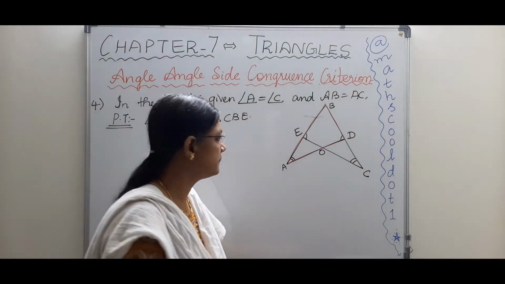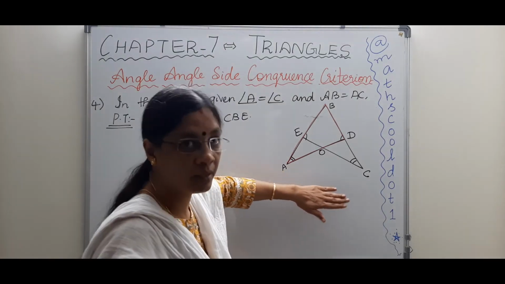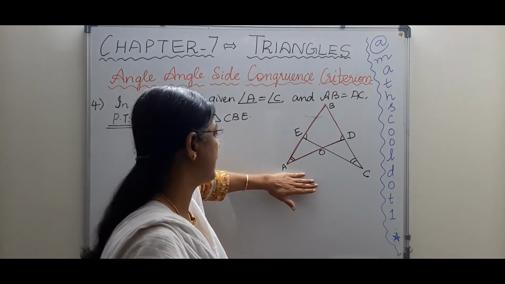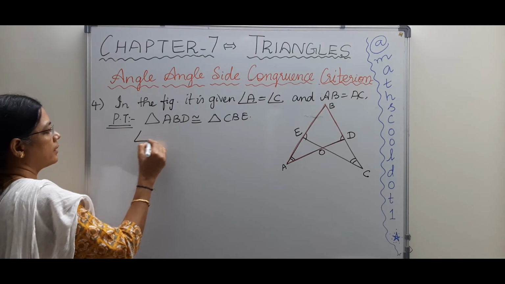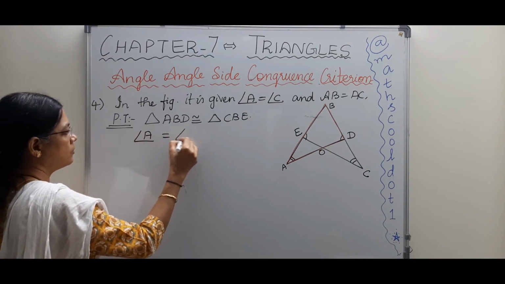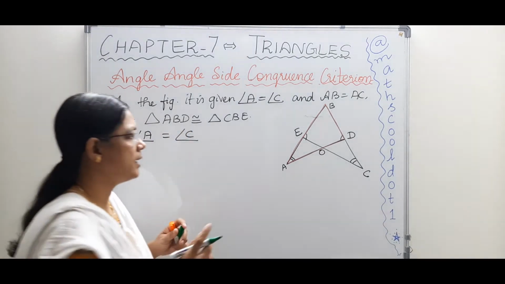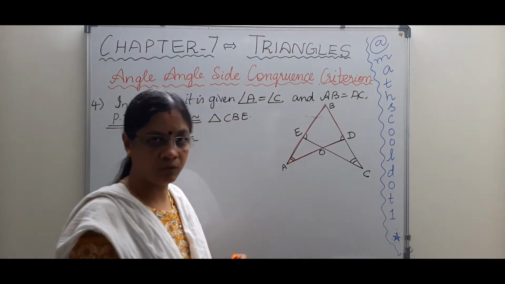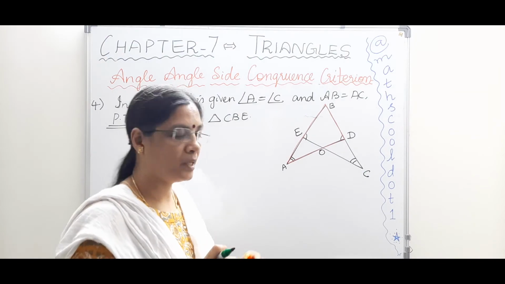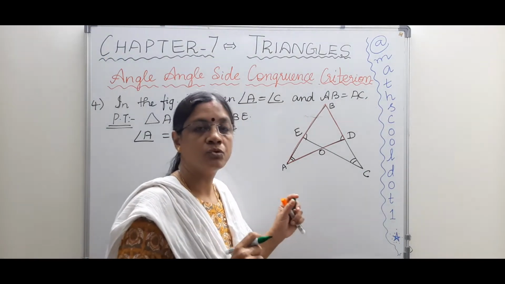So let's take the given conditions, that is angle A is equal to angle C. We will start with that. Angle A is equal to angle C, right? Now upon moving further, we have an intersecting point O, so two lines meet there at O. So what do we know?